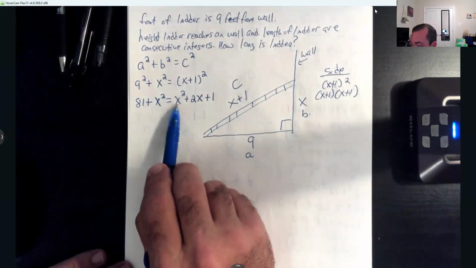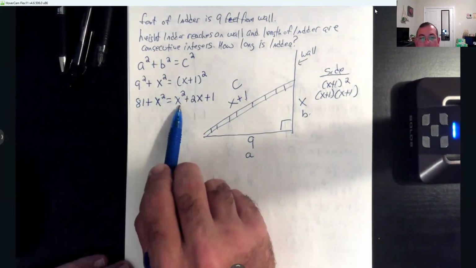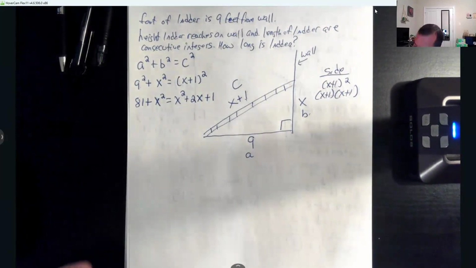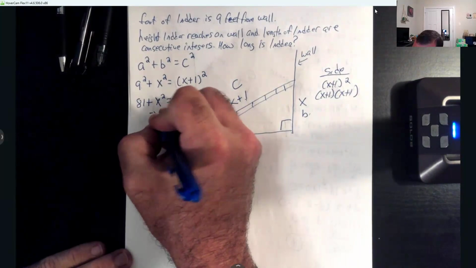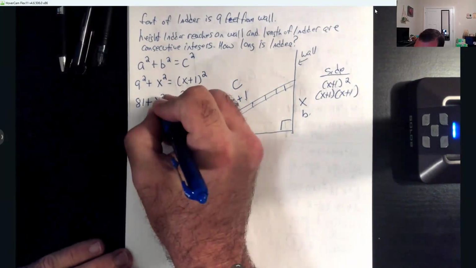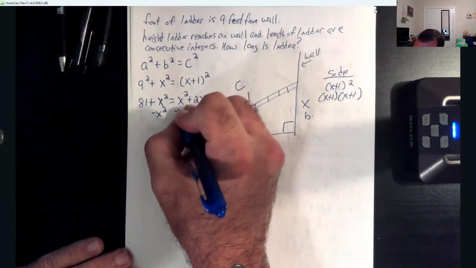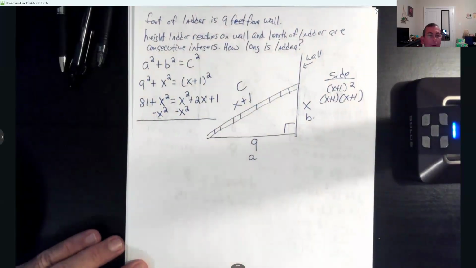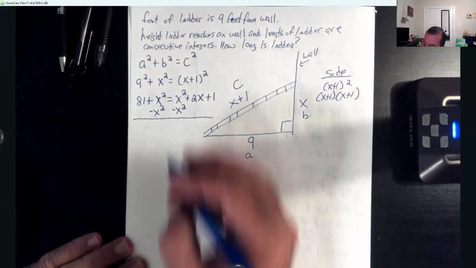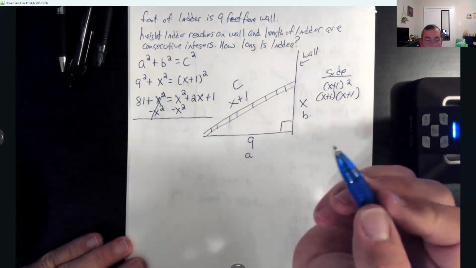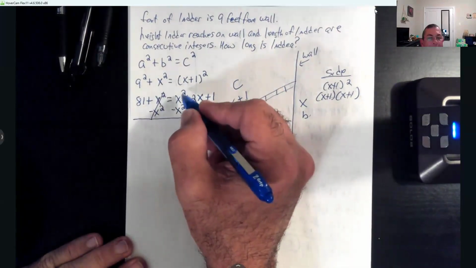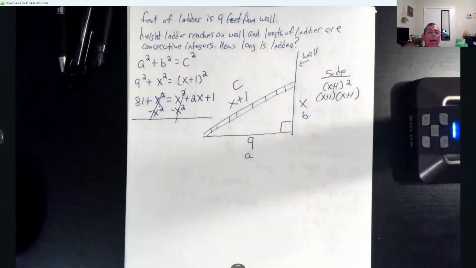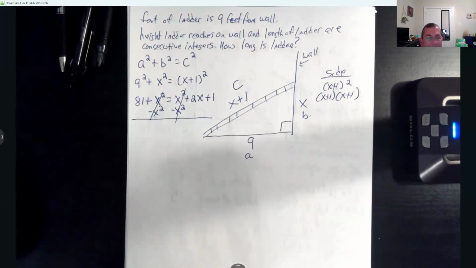So at the moment, it's quadratic with the x squareds. So we need to try to get everything on the same side equal to 0. But y'all, what's going to happen when I move this x squared by subtracting it from both sides? Y'all, look what happens here. These x squareds cancel, but these x squareds also cancel. The x squareds cancel out of both sides.